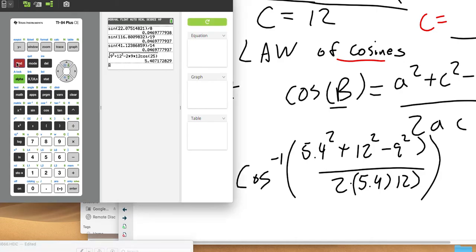All right, so inverse cosine. I'm going to hit math, fraction. I want to put in this number squared plus 12 squared minus 9 squared divided by 2 times this number.